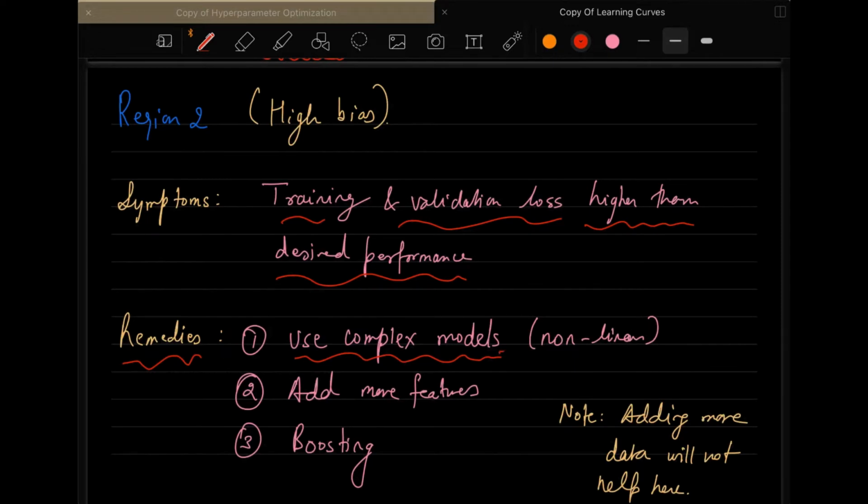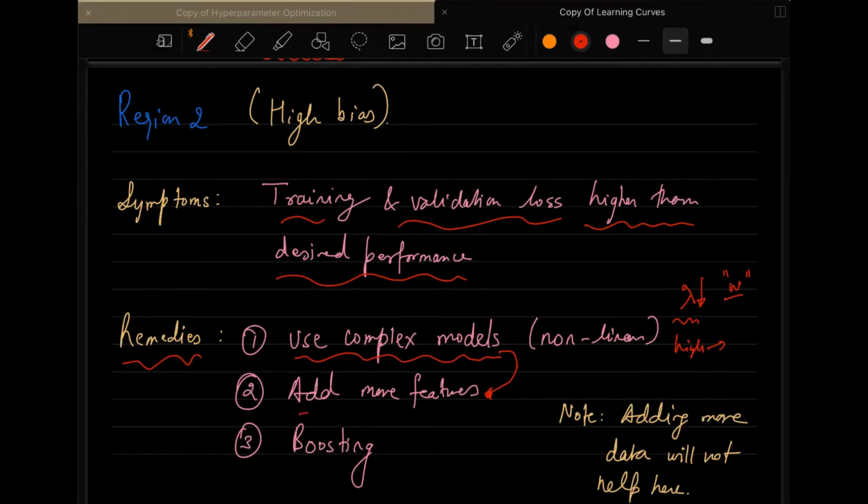When you add more features, it means you are incorporating more complex models, and you can also reduce the lambda. If you reduce your lambda, and you already have a very complex model, then the w's will not be penalized, and it will move from high bias to a situation where it is low bias and low variance.